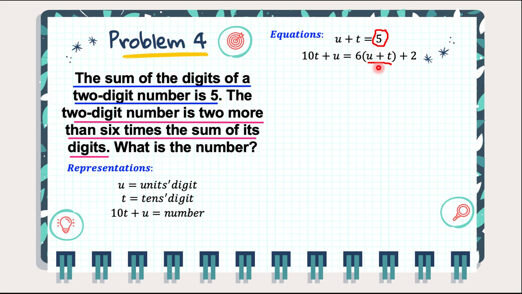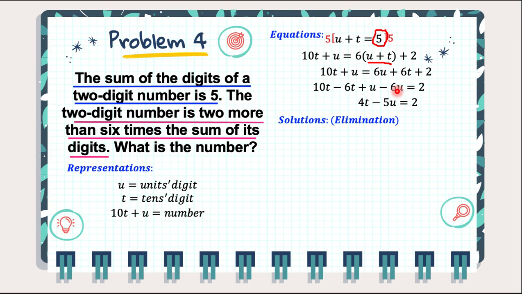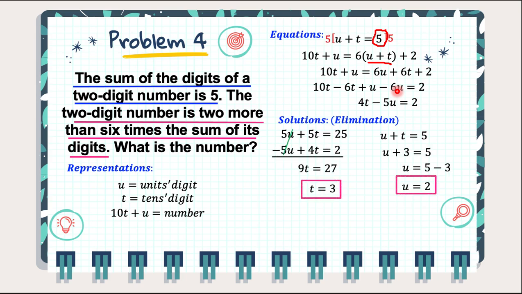I will replace u plus t with 5, so we will have 6 times 5, which is 30, plus 2. Adding 30 and 2 will also arrive at 32. And again, this 10t plus u is the number. So therefore, the number is equal to 32. The final answer is still the same: the number is 32.